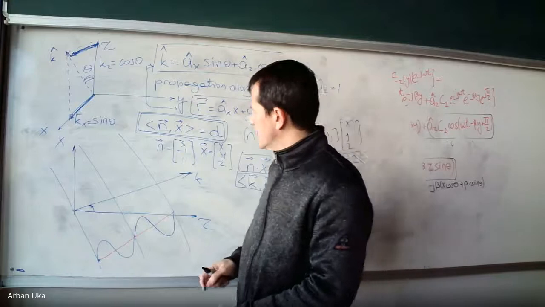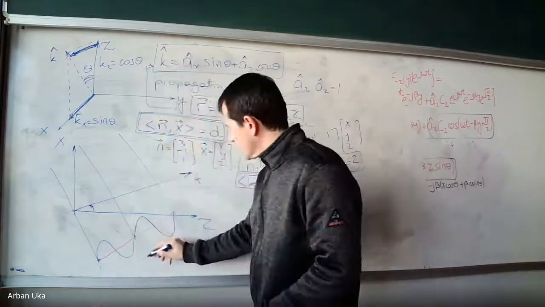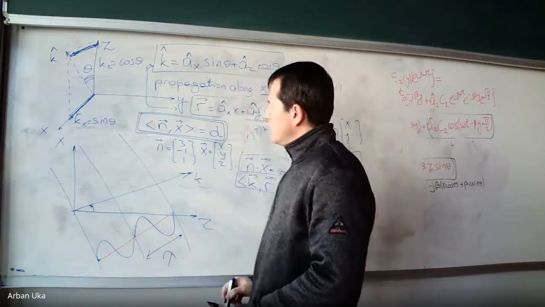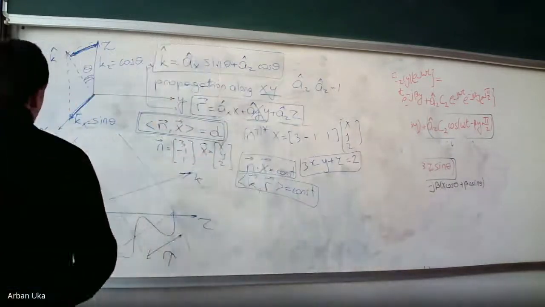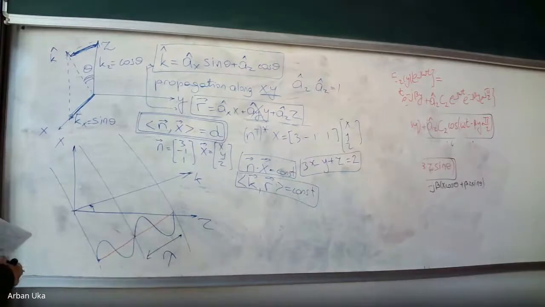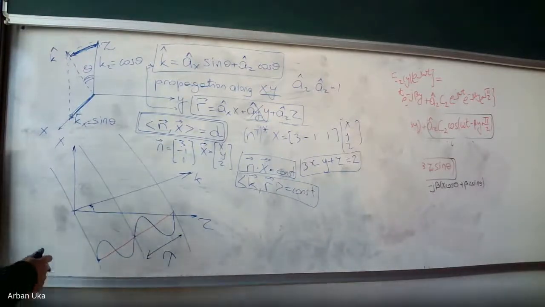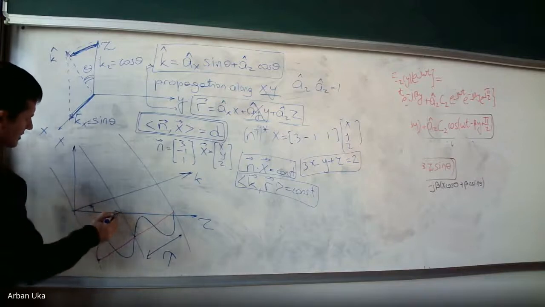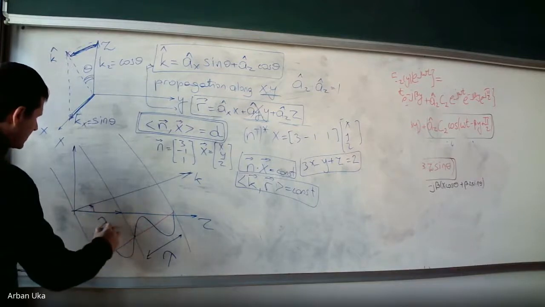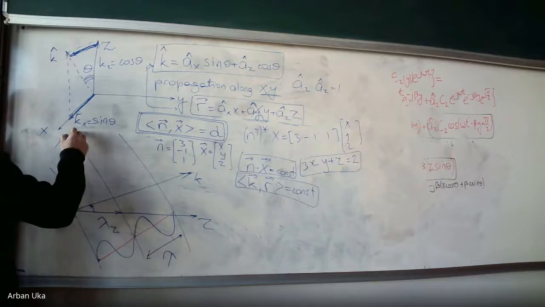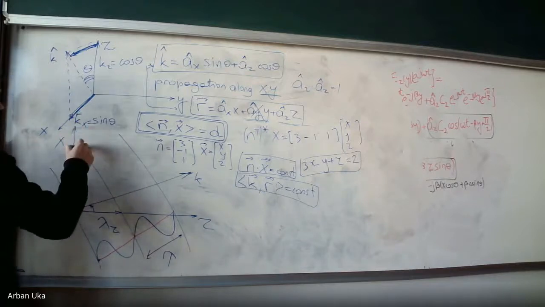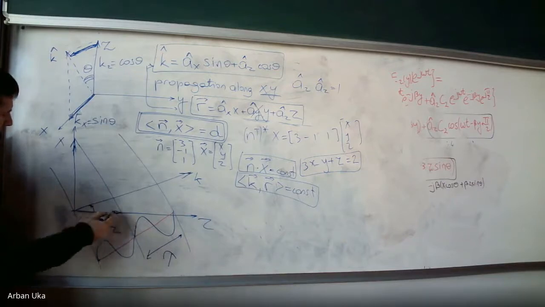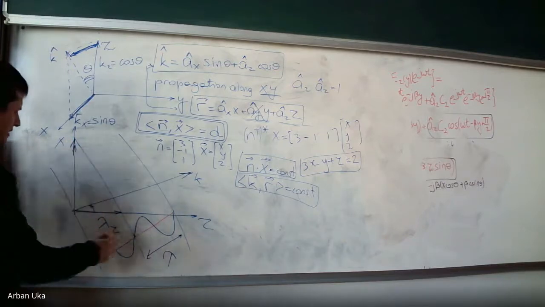So this is the lambda, the wavelength. But now, what we can also argue is that the projection of this lambda on the z-axis is this, okay? So this is the lambda z. This is a strange, odd way to represent it, but this is lambda x, and this is lambda z.